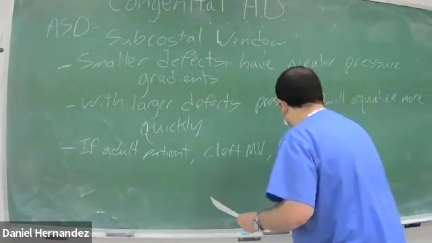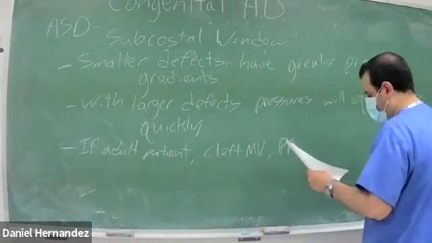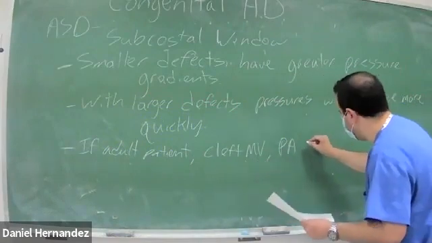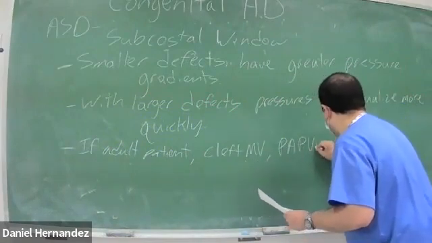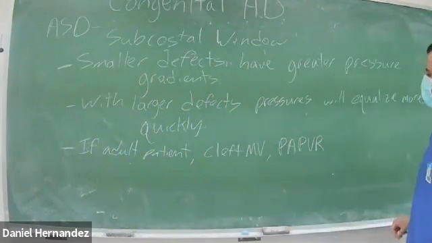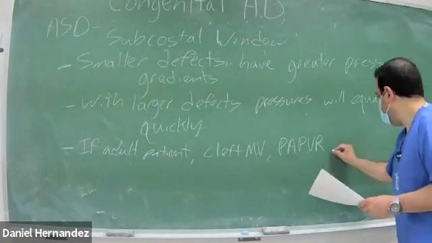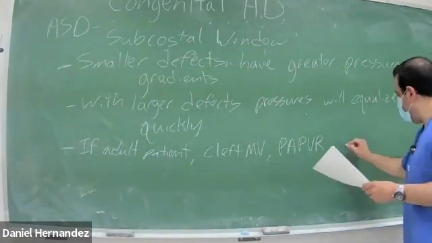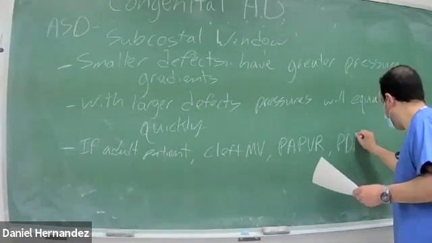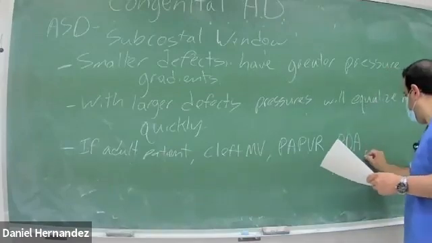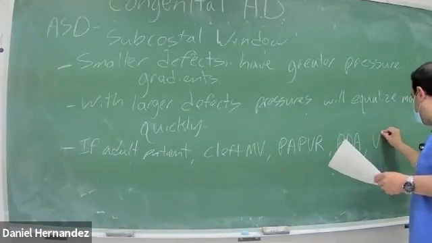We look for partial anomalous pulmonary venous return, so that's a pulmonary vein in the right atria. We'll also look for a PDA, patent ductus arteriosus. And we'll also assess to make sure that there's no sign of a VSD.